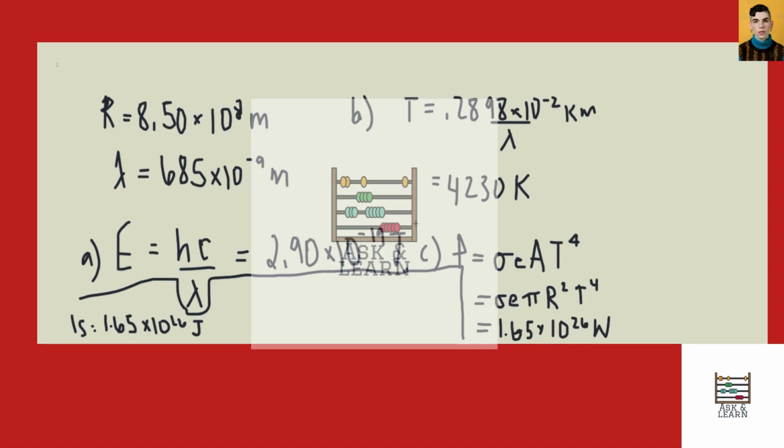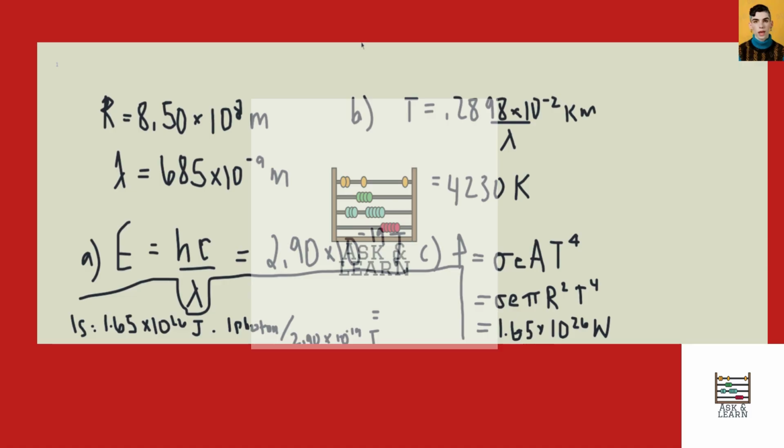And then each photon has this many joules. So you can kind of say times one, you do sort of a unit conversion. One photon has 2.90 times 10 to the minus 19 joules. And then that's how you can get how many photons are emitted per second.